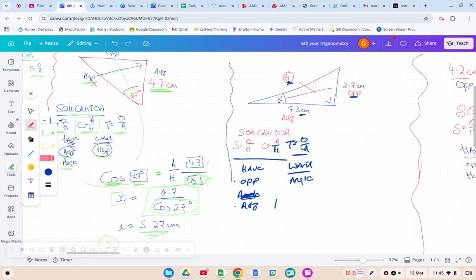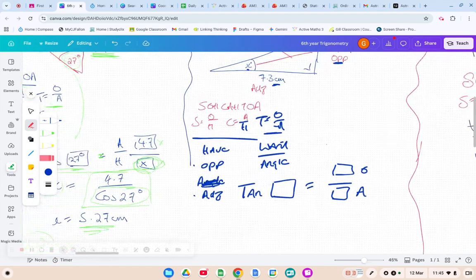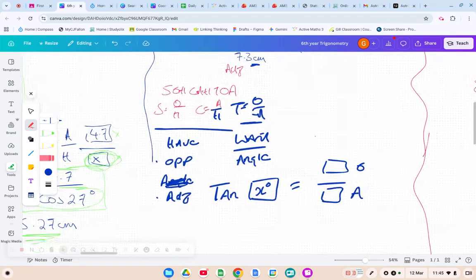Set up our equation. The tan of, we'll talk about this in a second, is equal to something over something, opposite over adjacent, O over A. We've decided the tan of x degrees, because we don't know that, is equal to opposite over adjacent, which is 2.7 over 7.3.